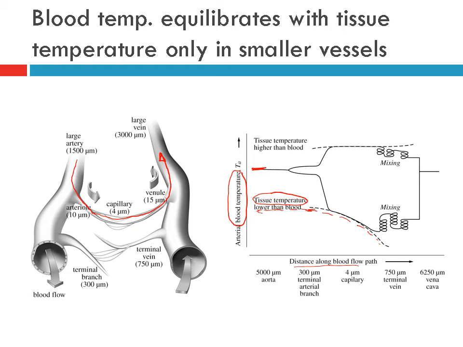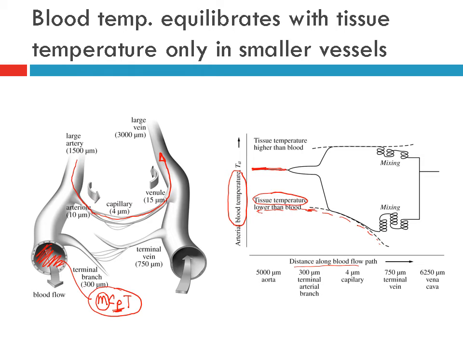When the blood is going through the larger vessels, so here, so in larger vessels, the blood is carrying so much energy, mCpT, right? And you have a lot of flow here and times the specific heat. So it's carrying a lot of energy in this large vessel.